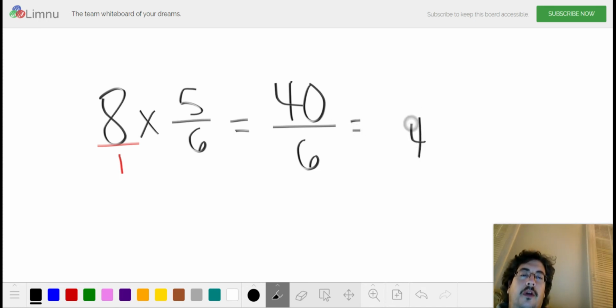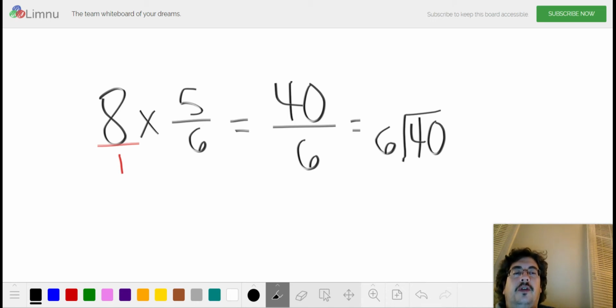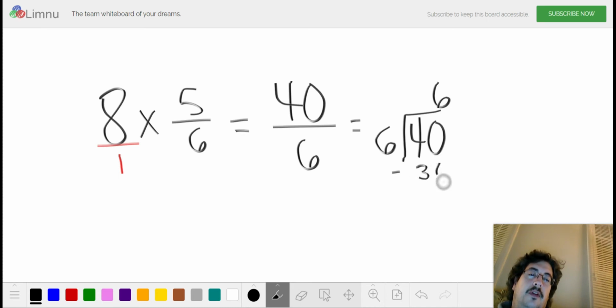So first, we're going to convert the improper fraction 40/6 into a mixed number by dividing 40 by 6. We know 6 goes into 40 6 times. And 6 times 6 gives us 36. And when we find the difference of 36 and 40, it's 4.